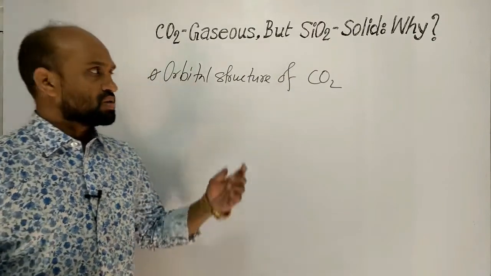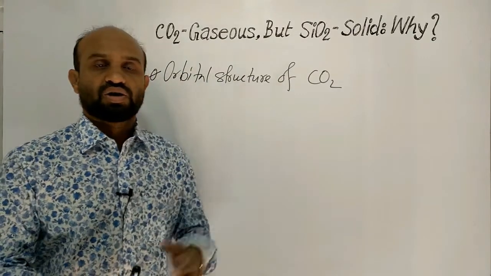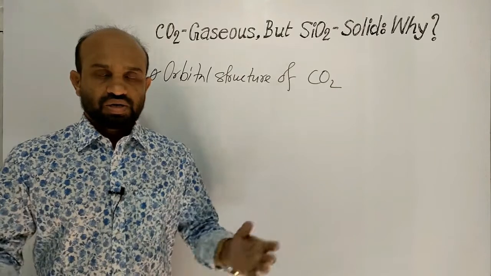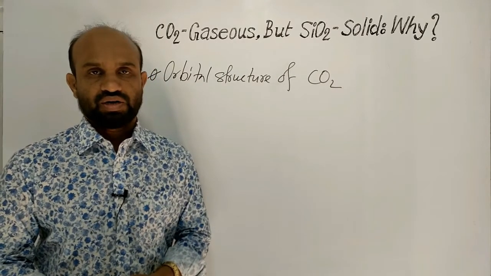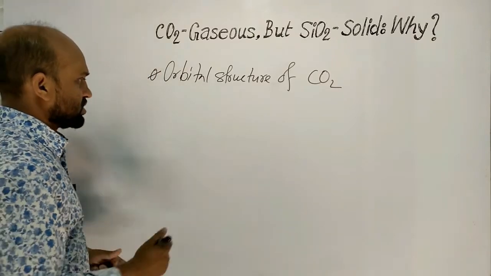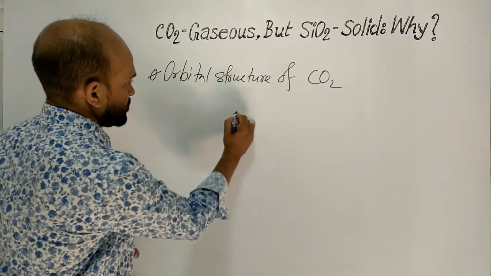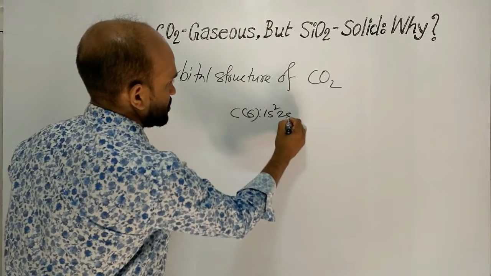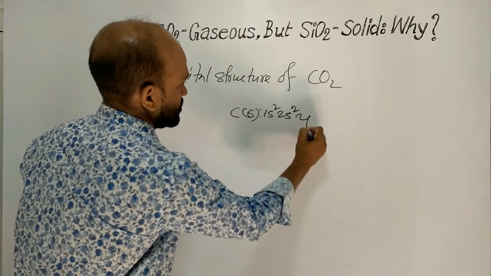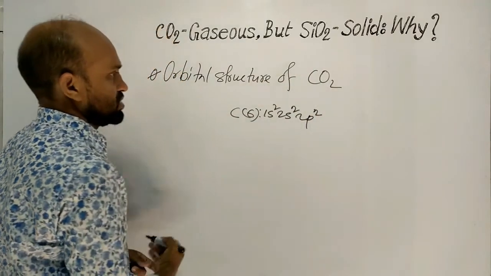Now the point is the orbital structure of carbon dioxide. Let's see through electronic configurations of carbon and oxygen. First of all, the electronic configuration of carbon is 1s2, 2s2, 2p2.